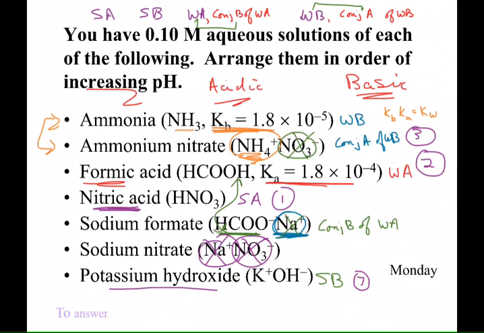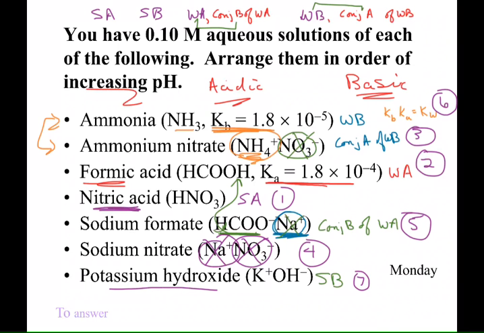After the conjugate acid of a weak base, we go neutral, which is that sodium nitrate. And then we start basic. The slightly basic one would be the conjugate base of the weak acid, so I'll put 5 there. And then we get to our weak base, ammonia, 6 up there.